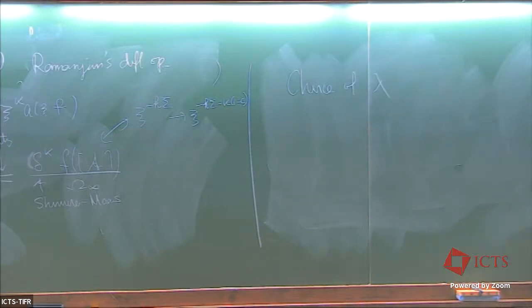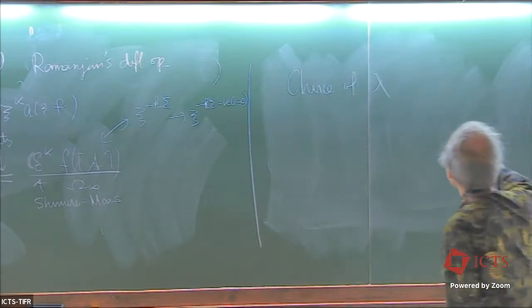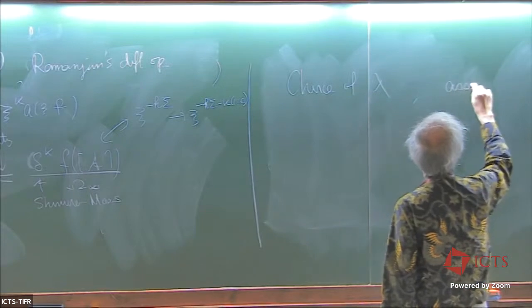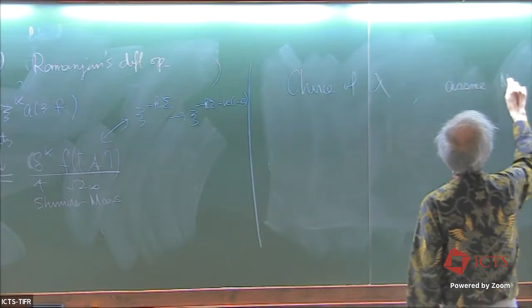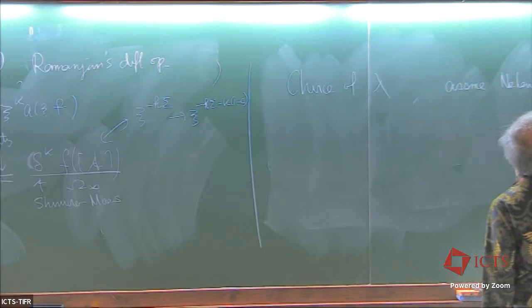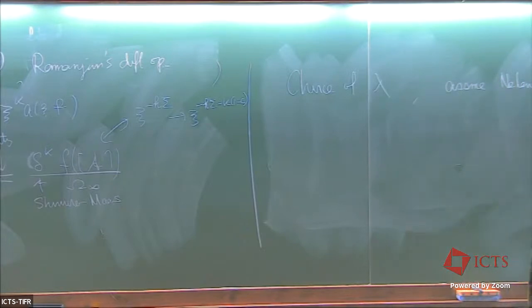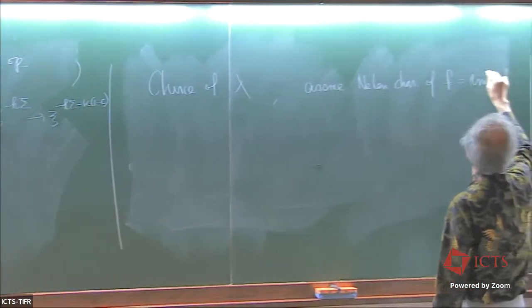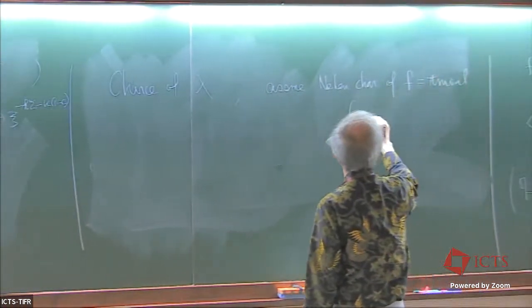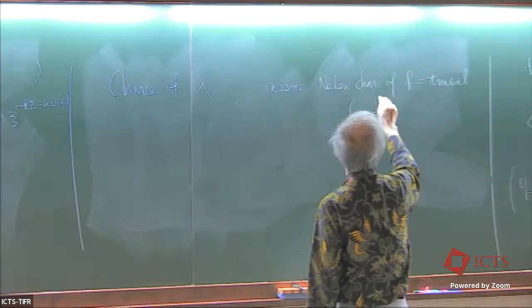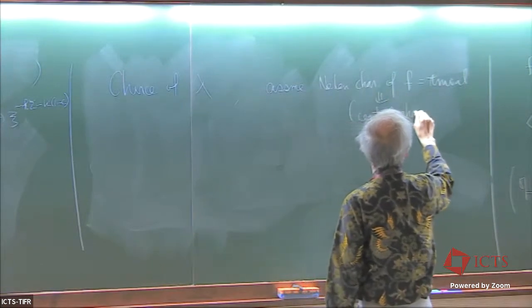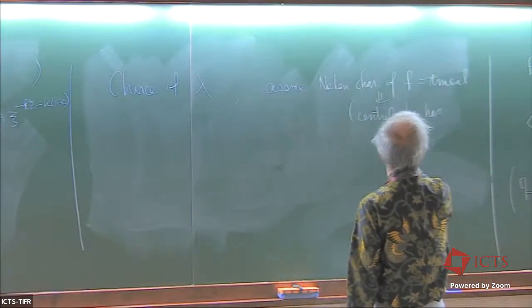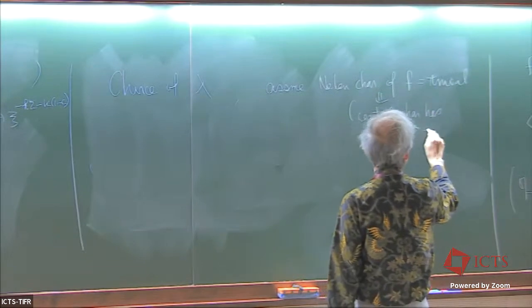And so for simplicity, again, I assume that the Nebentypus character of F is trivial. This just means the central character has conductor 1.